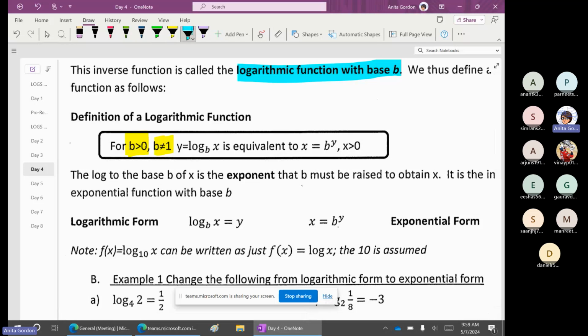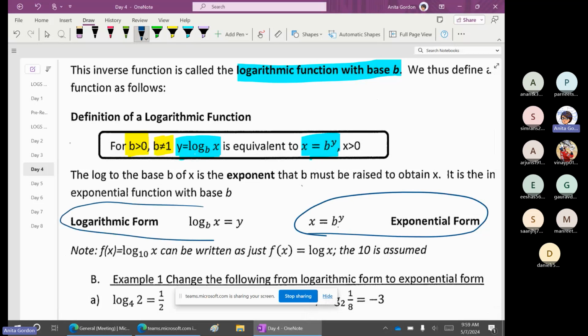So this is what it will look like. The log of a base, the same base as in our exponential. So this is what the inverse looks like when we are doing logarithmic functions. This is what we call exponential form because it has an exponent in it.